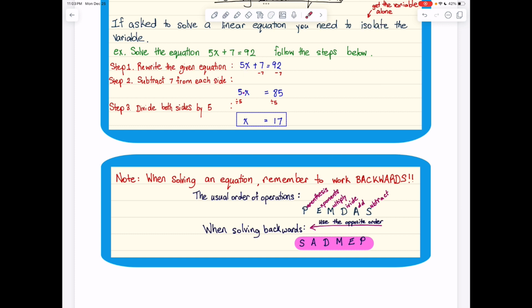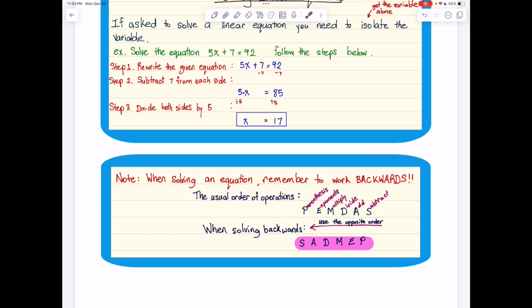I just mean to get that variable by itself, to get that variable alone. All right, so in order to get that variable alone, we are going to go in the opposite order. So everything is backwards. Now, instead of doing PEMDAS, our order of operations is actually SADMAP.